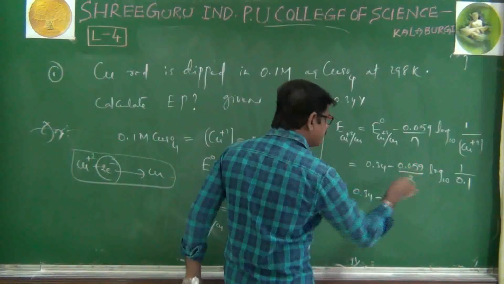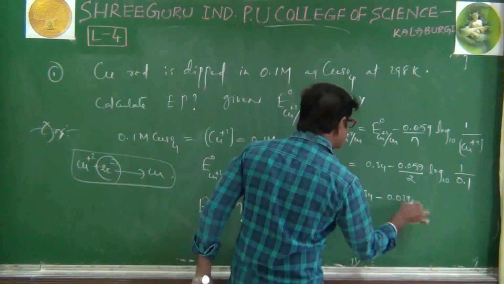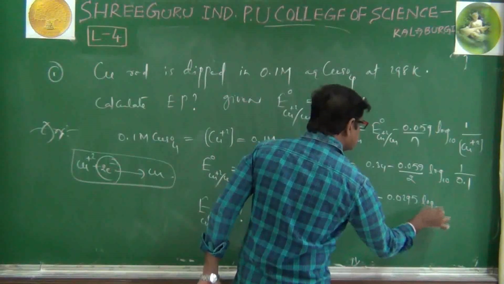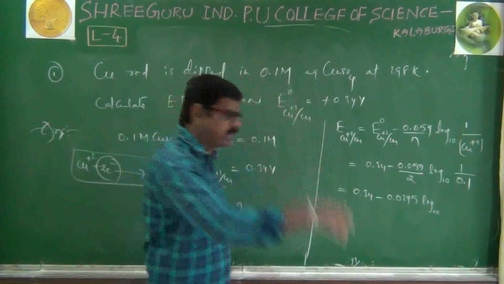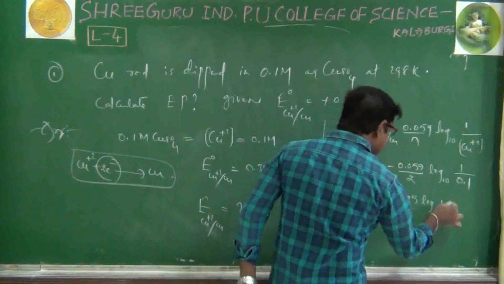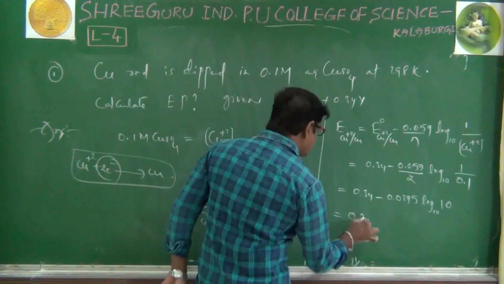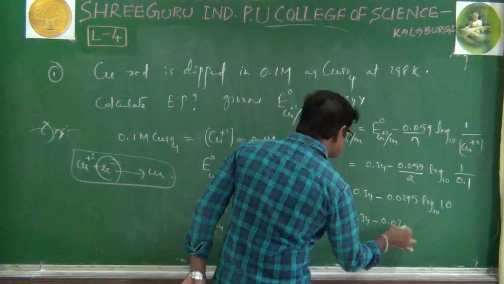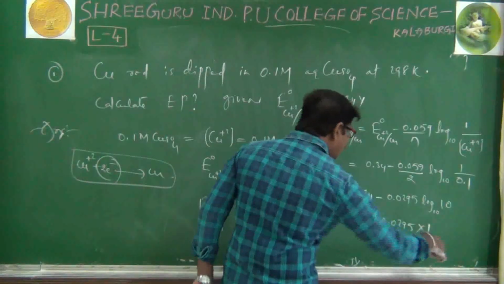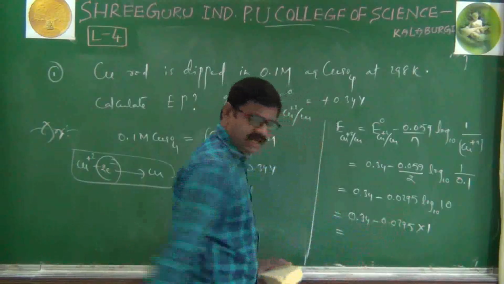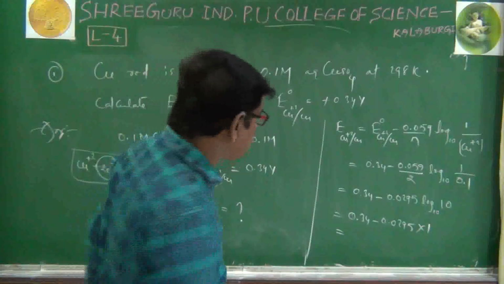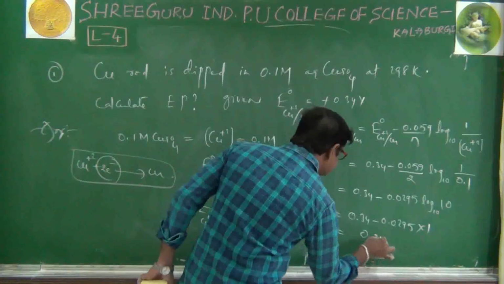So 0.34 minus, dividing, we get 0.0295 log base 10 of 0.1, which is 10 to the power minus 1. If you shift it to the numerator, it becomes 10, and log 10 is 1. So 0.34 minus 0.0295 times 1, and if you subtract these values, you will get 0.31 volts.